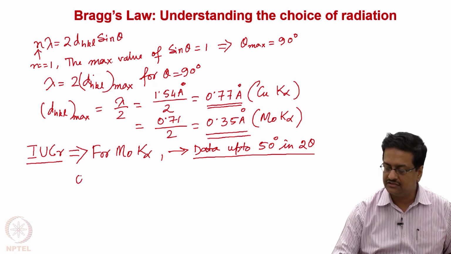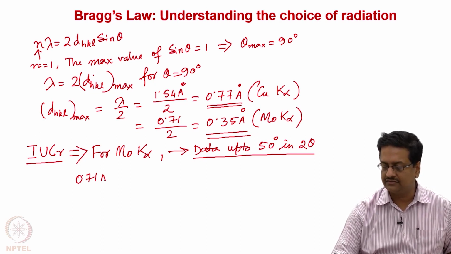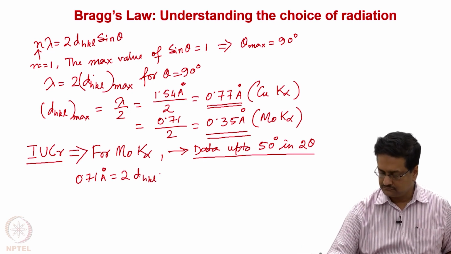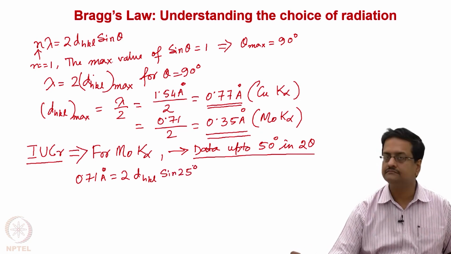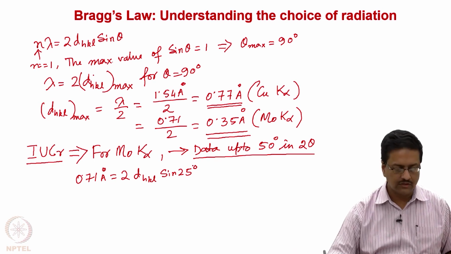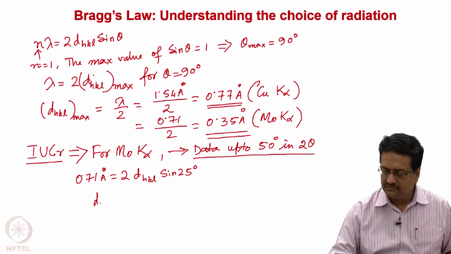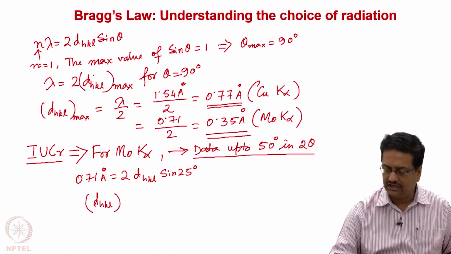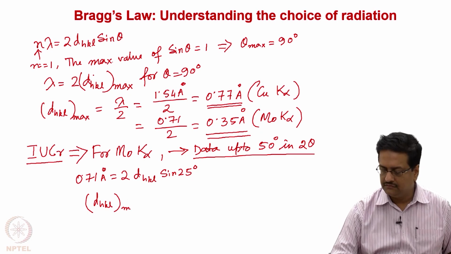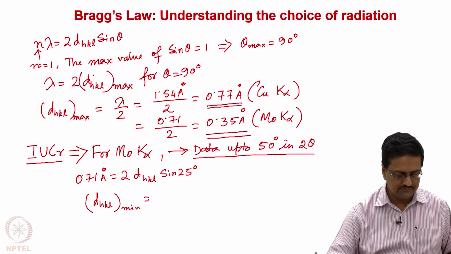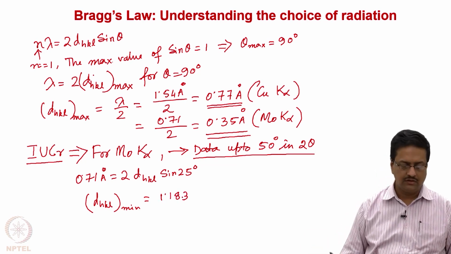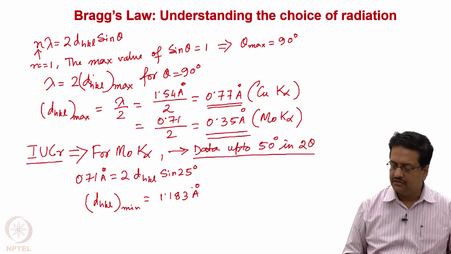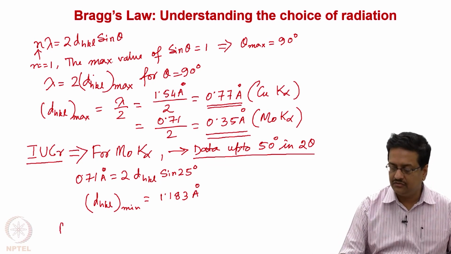So for molybdenum radiation, which is about 0.71 angstrom, lambda is equal to 2 d hkl sin 25 degree, which means d hkl can be calculated as 1.183 angstroms.